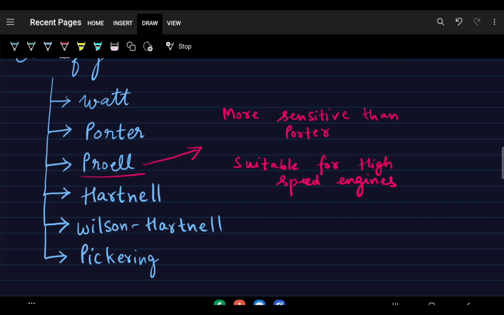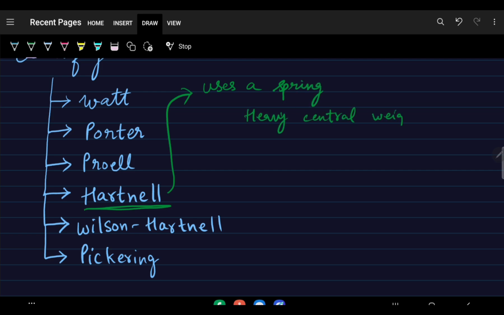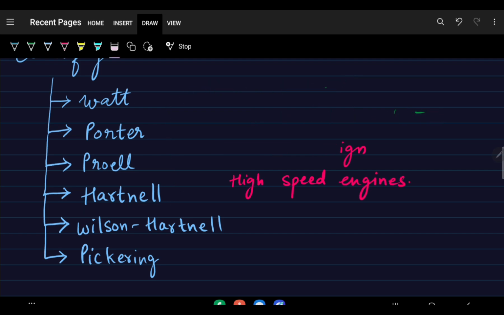And then coming on to the Hartnell governor, it basically uses a spring instead of a heavy central weight. The design is very compact, and it is also suitable for high speed engines, just like the Proell governor.